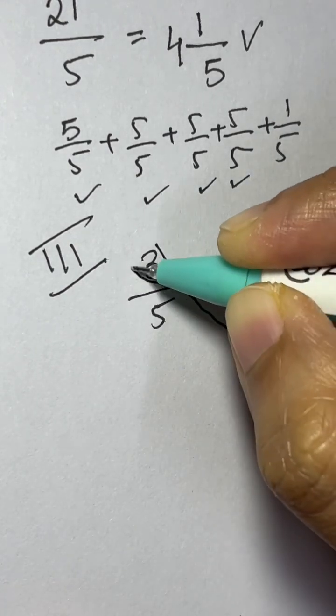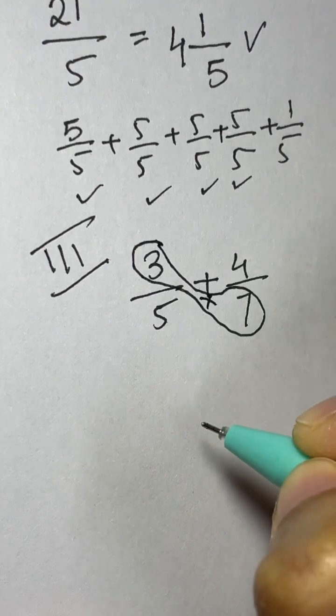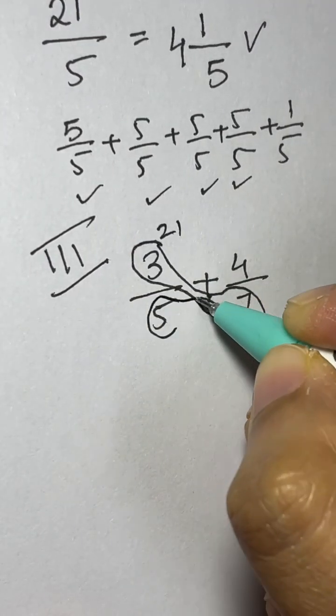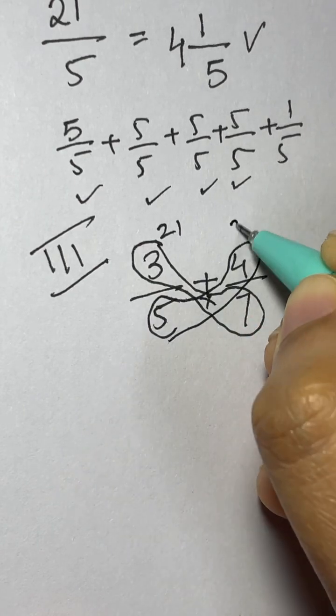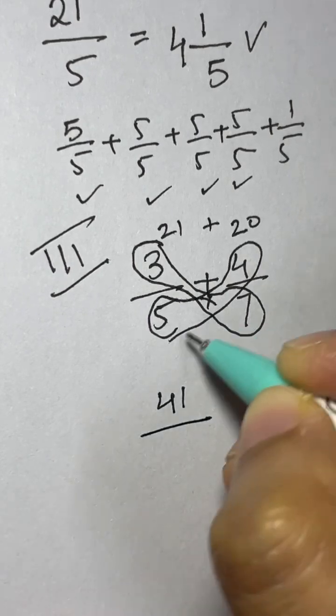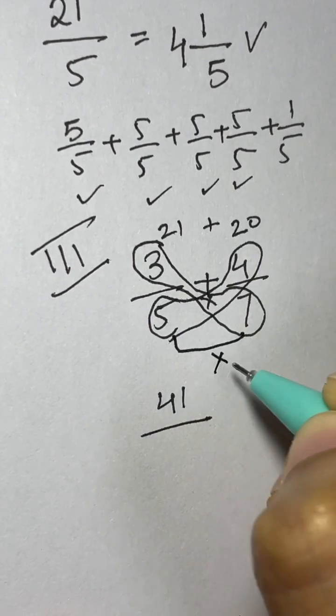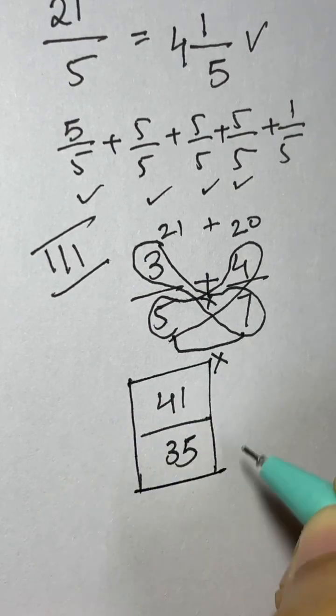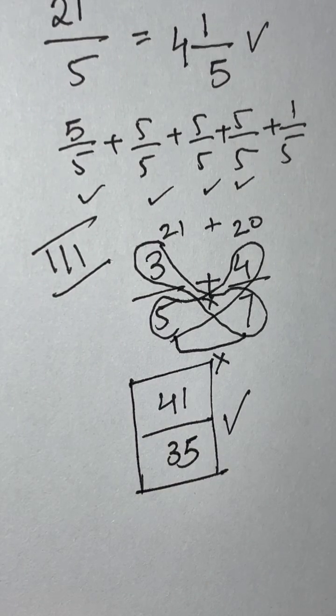The butterfly method says you can cross multiply. 3 times 7 is 21, and 5 times 4 is 20. Add them up. 21 plus 20 is 41. Divided by, multiply the bottom numbers, 5 times 7 is 35. That's it. You're done.